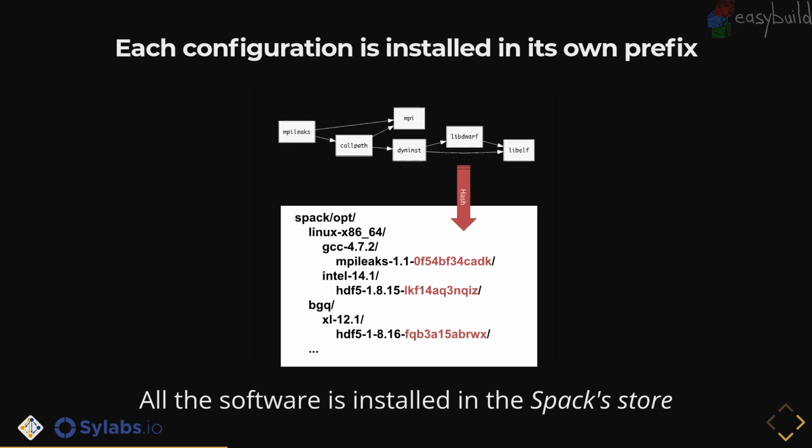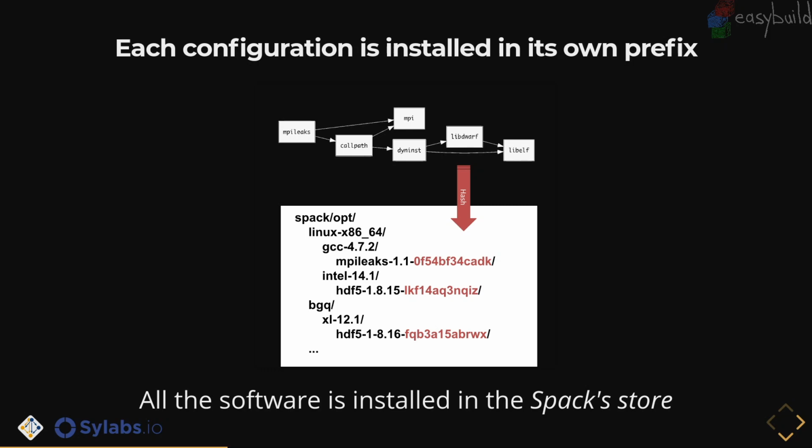The entire graph can be hashed. And whenever we install software, we use the hash to identify the prefix of where that particular software will be installed. And that's how we can manage to have different configurations of the same software coexist with each other. So all the software is installed in the same place in the Spack store. And that's all based on this mechanism.